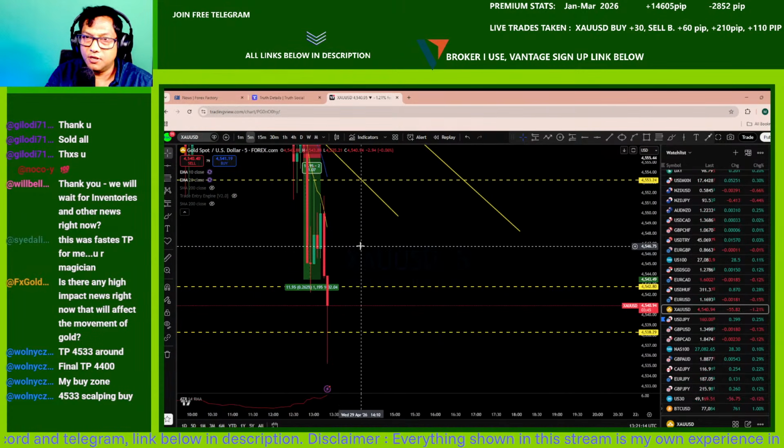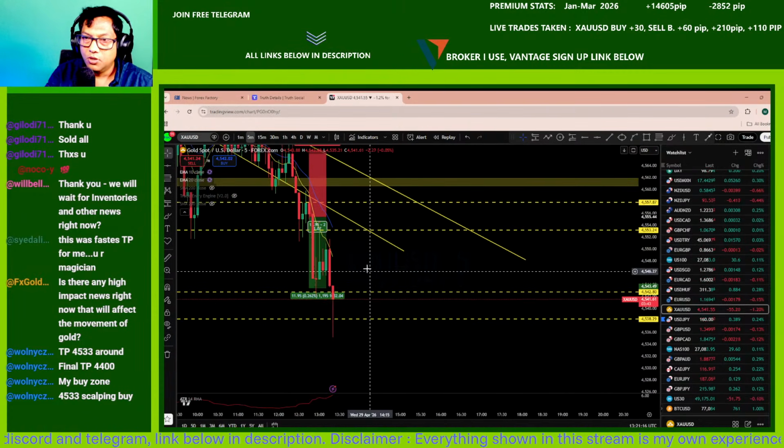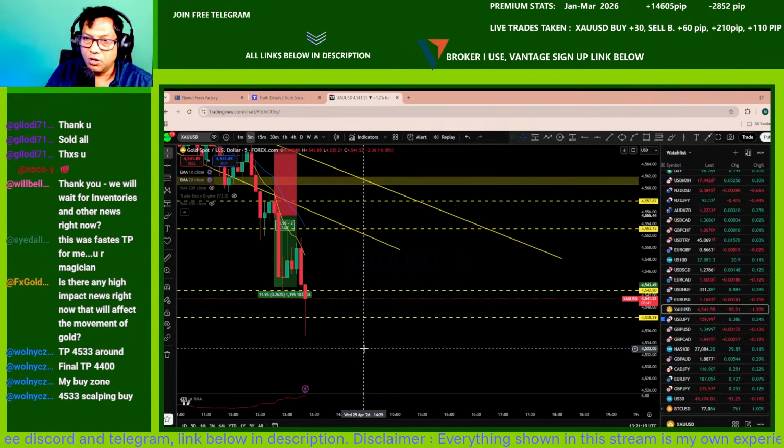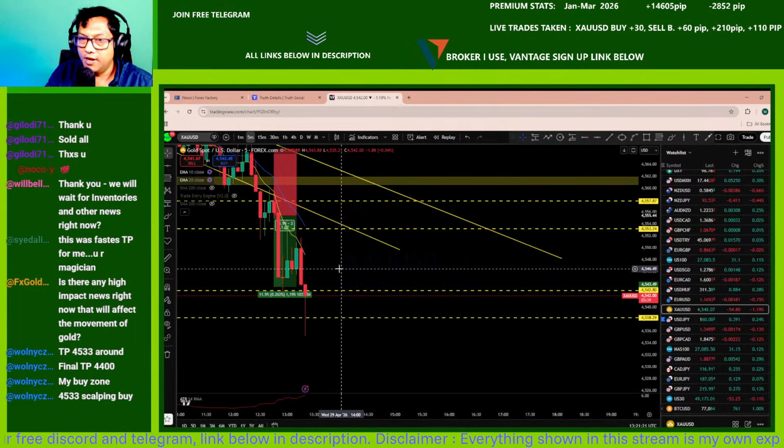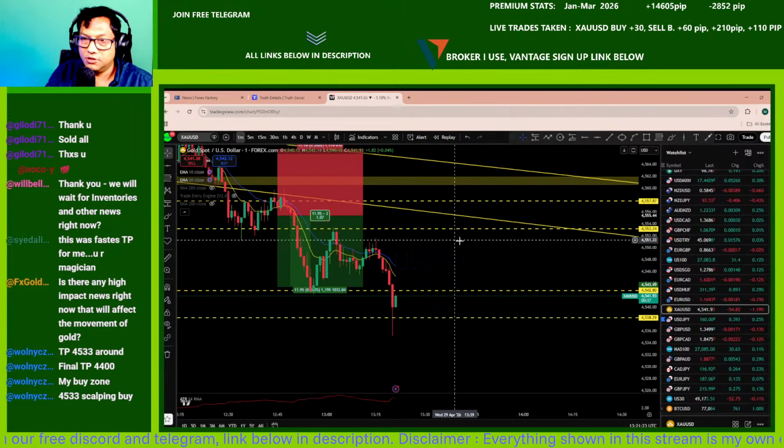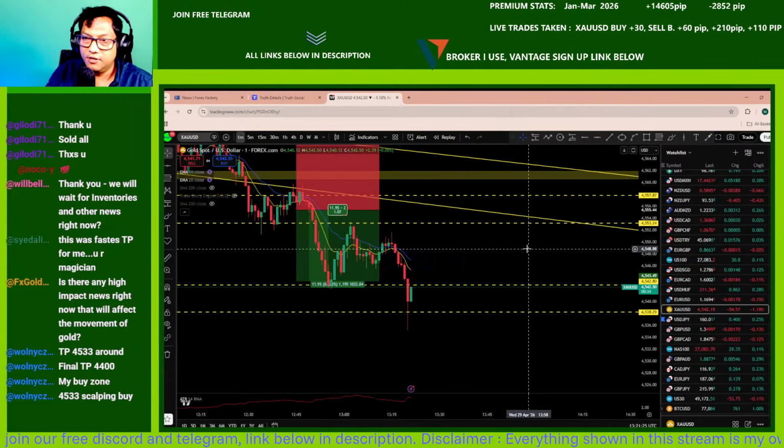So with the 5 minutes candle close, we can see that there is a stronger break below, and I think this is now going for a pullback here.